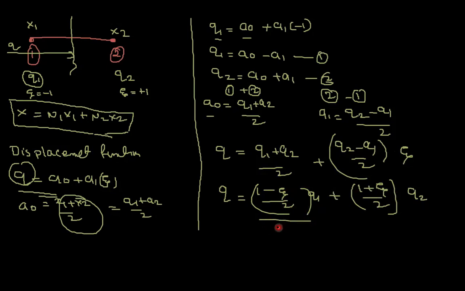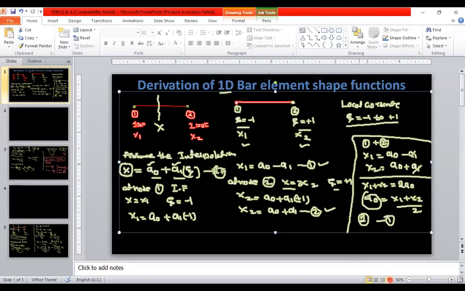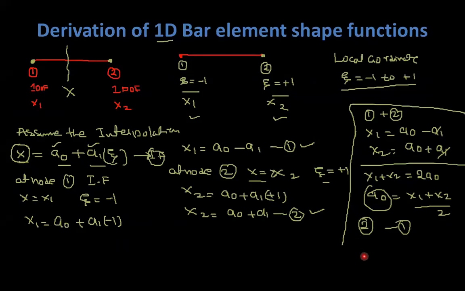Now I can say that this is called the shape function N1 and this is called the shape function N2. So now, using the isoparametric representation from the past two slides, I have expressed that there are two interpolation functions that can be expressed.